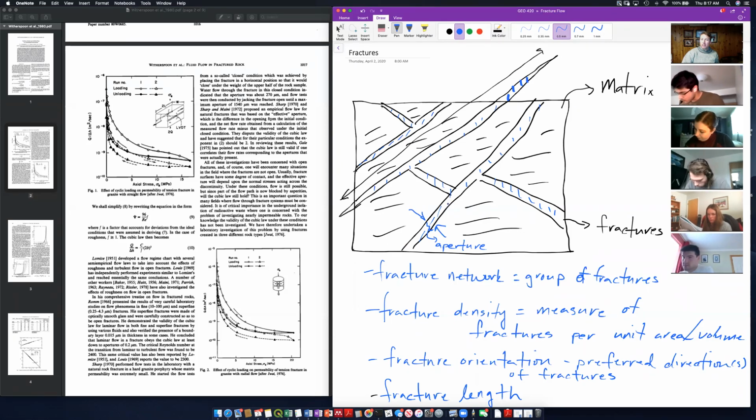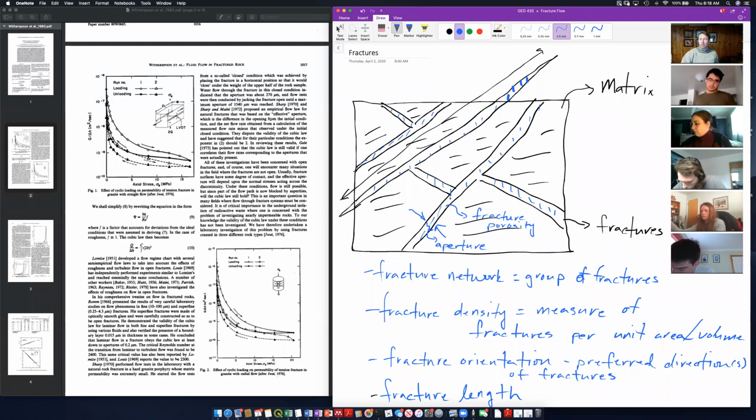This fracture can either be open or it can have stuff inside it. So we talk about the fracture porosity. That is the porosity of the material inside the fracture. For us as a class, we're going to consider open fractures, and so the fracture porosity would be 1, all right?